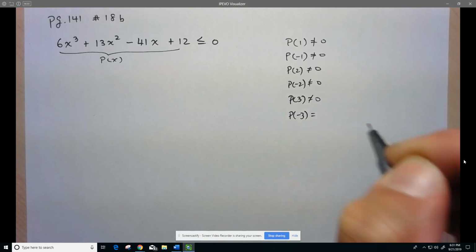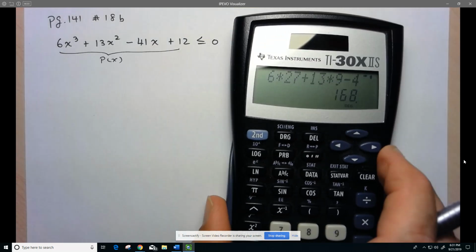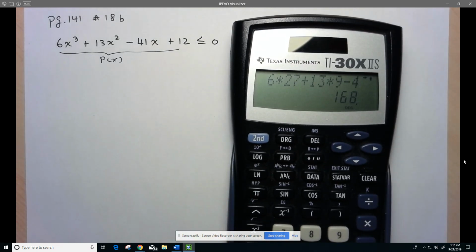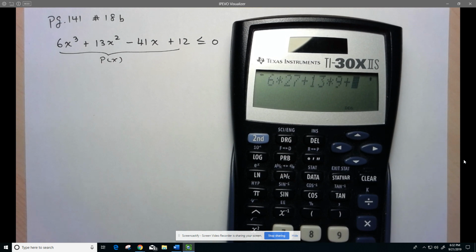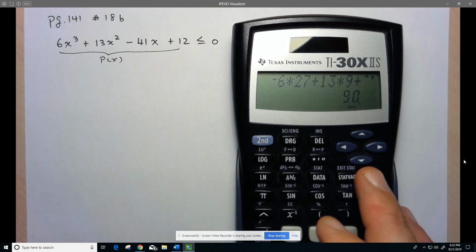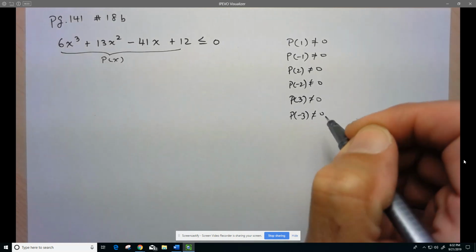Okay, so sometimes it does take a while before you find your factor. So that's going to be negative. So -6 times 27, plus 13 times 9, plus 41 times 3, plus 12. Still no luck, not equal to 0.